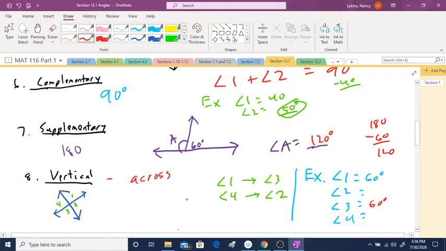Since vertical angles are the same, the other pair has to be supplements of these angles. So all you would have to do is take 180, subtract 60, and you get 120 on angle 2. And since 2 is paired up with 4 for vertical angles, it's also 120.